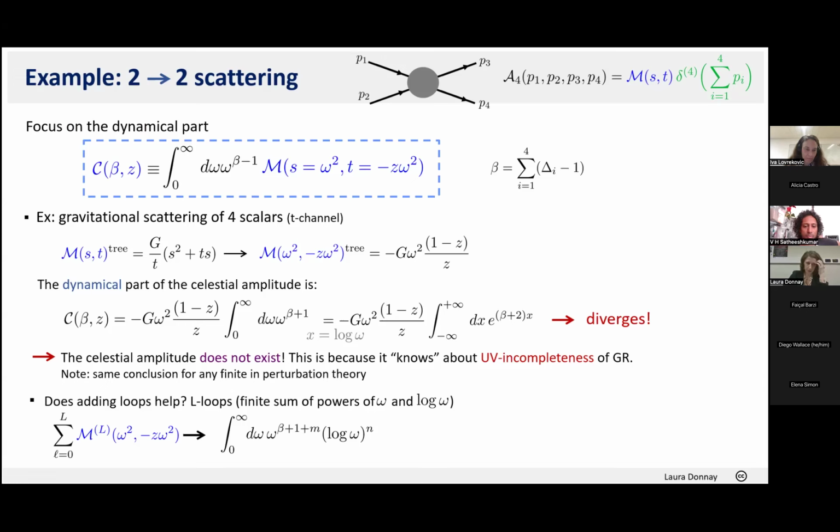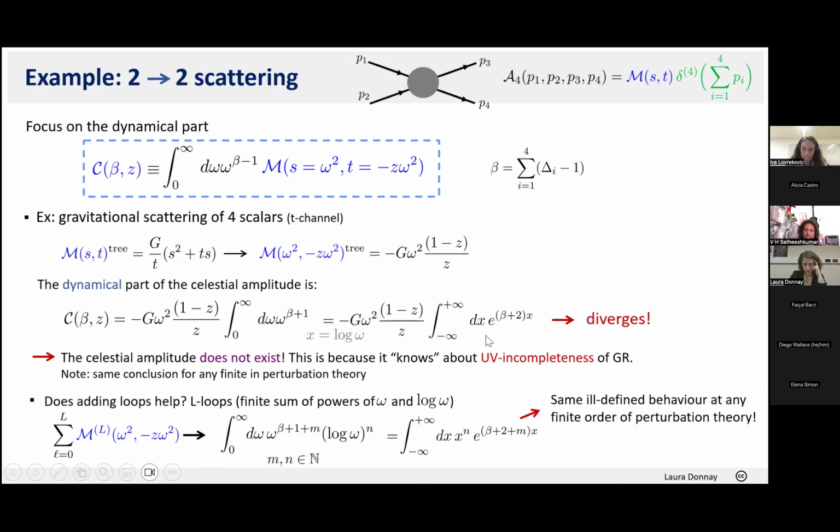I'm not going to explain all this, but essentially, if you work at a finite number of loops, big L, then you can see that this will translate into a finite sum of powers of omega and log omega, with m and n integers here. And then the integral you will get instead of the one above is this one.